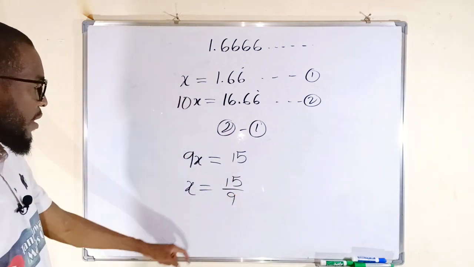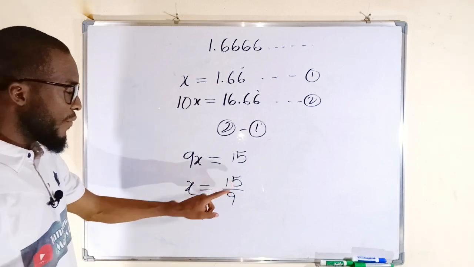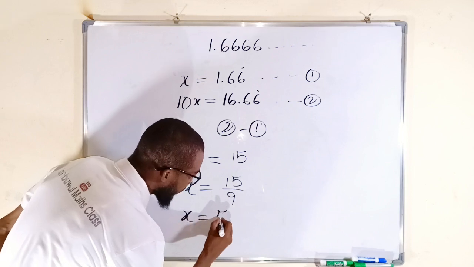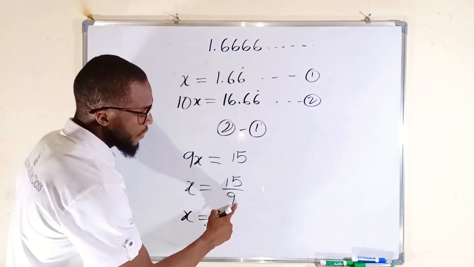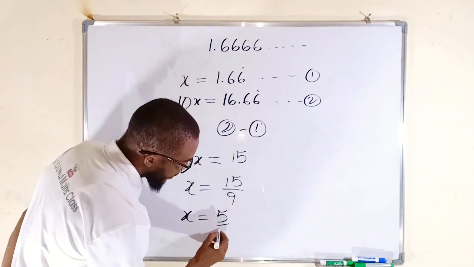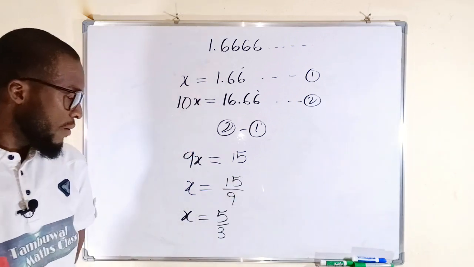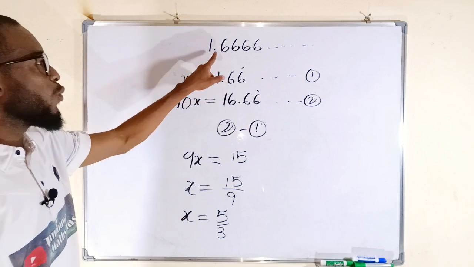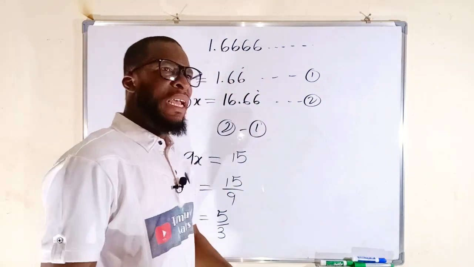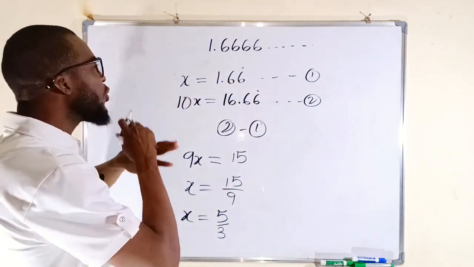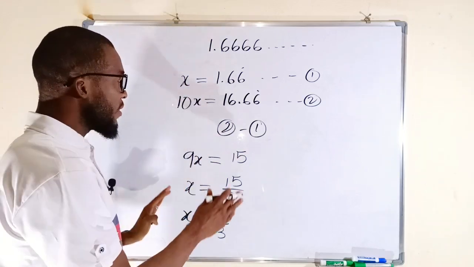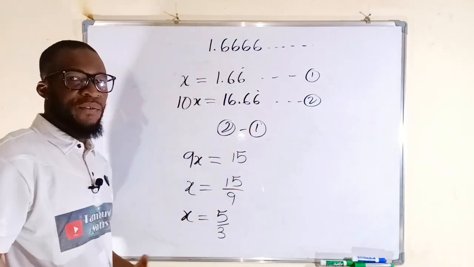I know that 3 can go into 15 5 times, so we have x equal to 5 over, and 3 can go into 9 3 times. So we have this, right? 5 divided by 3 is equivalent to 1.66666. It is applicable for all non-terminating recurring decimals. No matter how the number is, you can apply this to find the fraction.